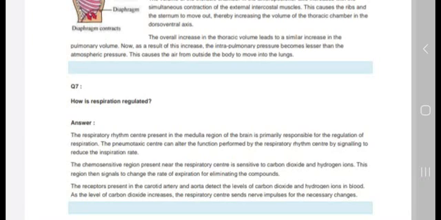The chemosensitive region present near the respiratory center is sensitive to carbon dioxide and hydrogen ions, and this region then signals to change the rate of expiration for eliminating these compounds. The receptors present in the carotid artery and aorta detect the levels of carbon dioxide and hydrogen ions in the blood. As the levels of carbon dioxide increase, the respiratory center sends the nerve impulse for the necessary change.